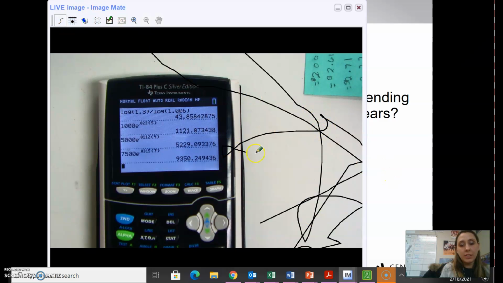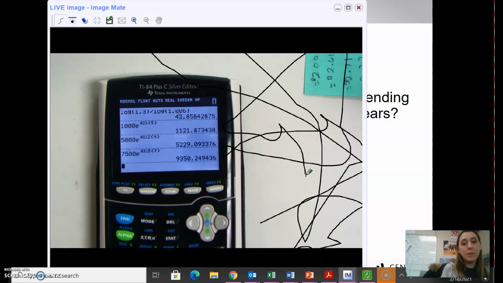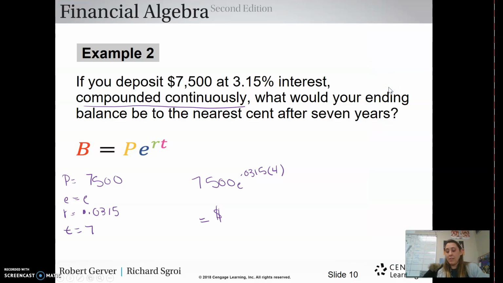We should have gotten $9,350.25, because remember, we want to round to the nearest cent. So it's 9,350 and 25 cents.